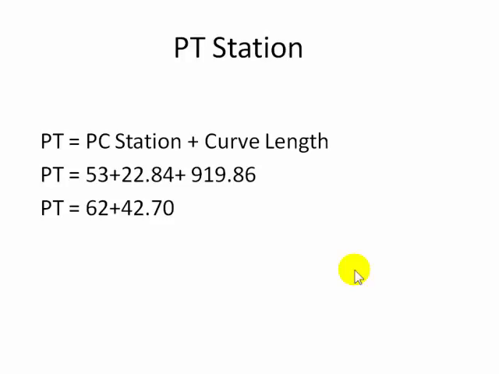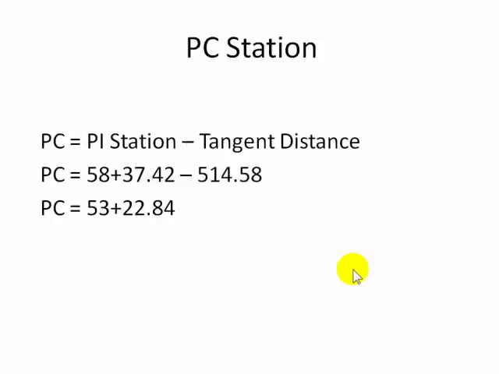Now, if you took the PI station and added the T distance to it, you would not get the PT station. It's very important to understand the T distance does not relate the PI to the PT stations. The T distance is the difference between the PC station and the PI station.